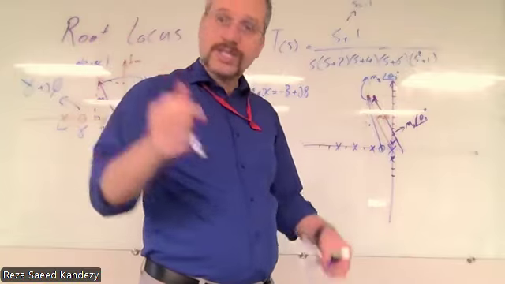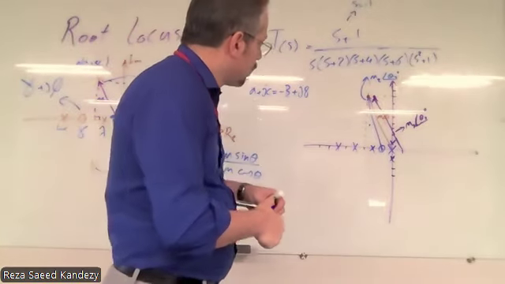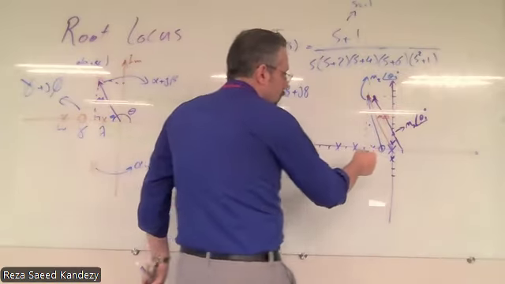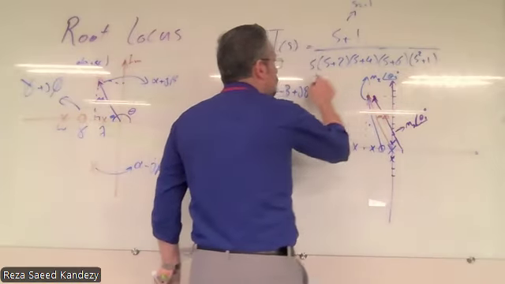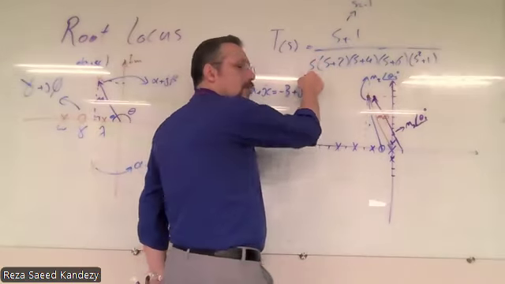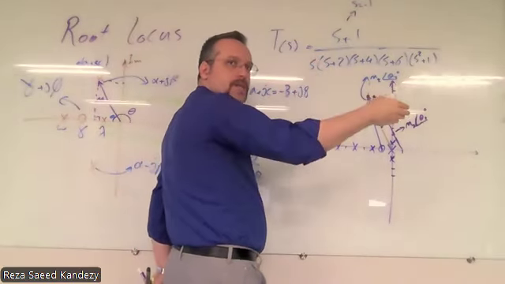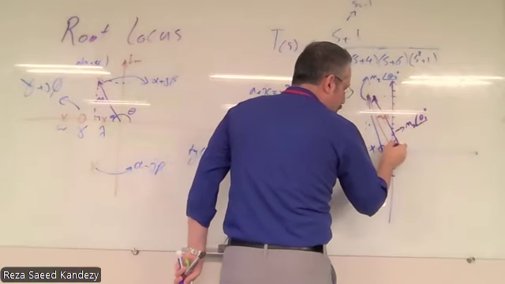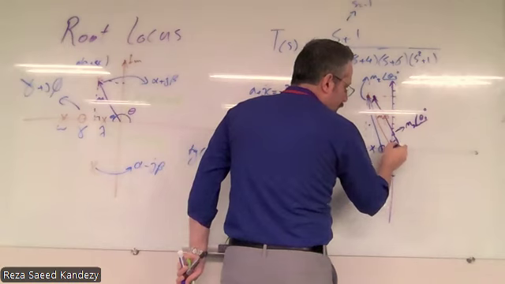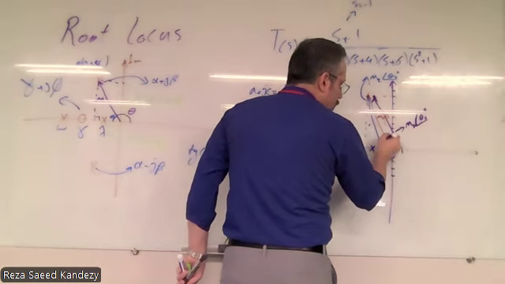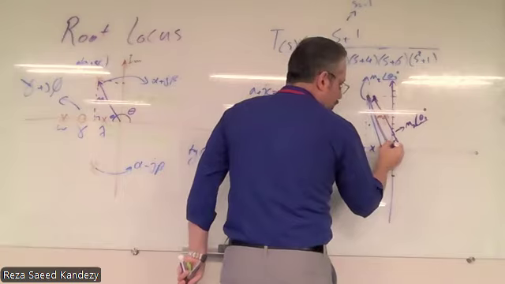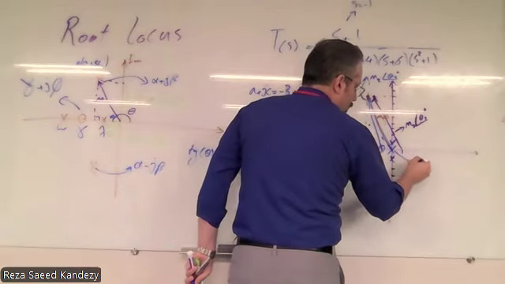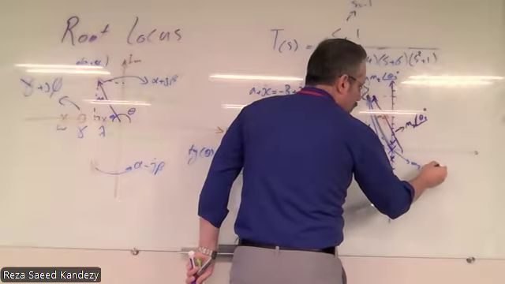Okay? Now, with the same process, we can see that if we put the number in the first term of the denominator, same process, we can see that the vector result is going to be equal with the vector that we have from this pole to this point, which is M3 theta 3.